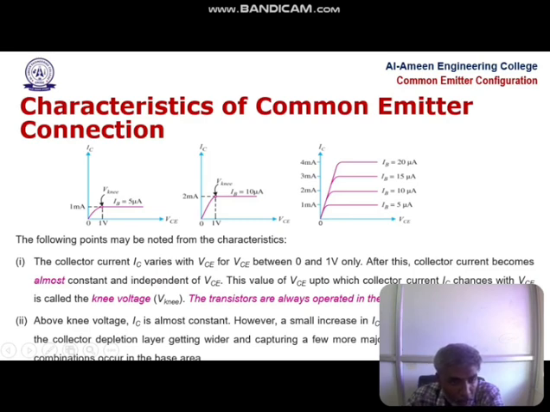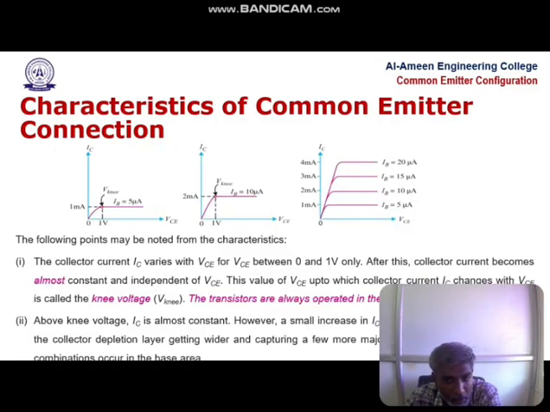We keep the base current at 5 microamps as a constant current, and by varying the collector emitter voltage and reading the voltmeter and ammeter, we measure the collector current and collector emitter voltage while keeping the base current constant. If we do it like this, we can finally obtain the input and output characteristics.